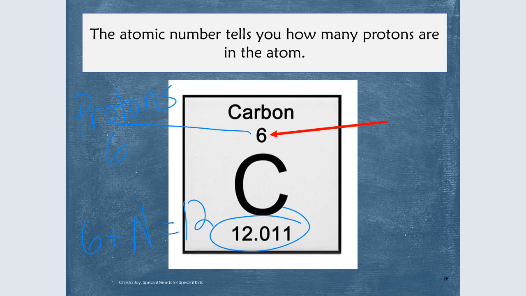So in this particular case, in the nucleus, there are 6 plus 6 neutrons equals 12. A lot of times, the number of neutrons is equal to the number of protons. So this is 6 and 6. So this is what this information is telling us here.